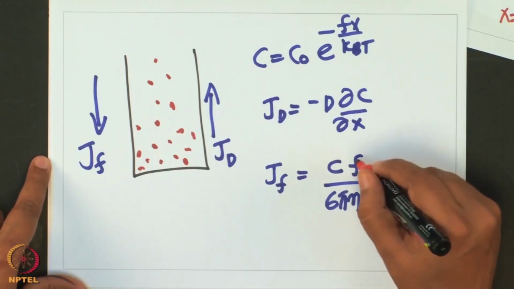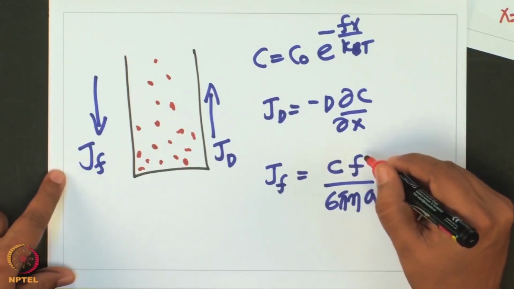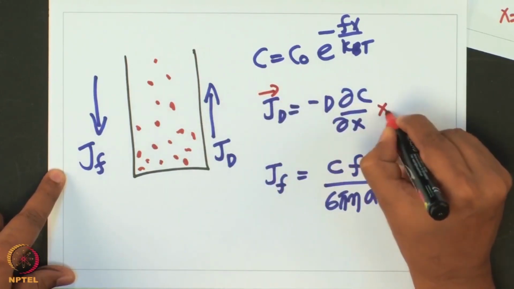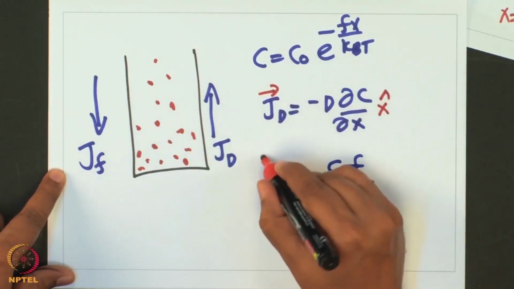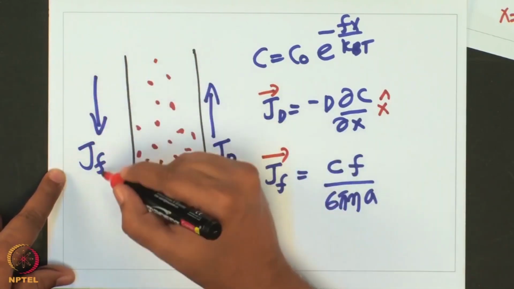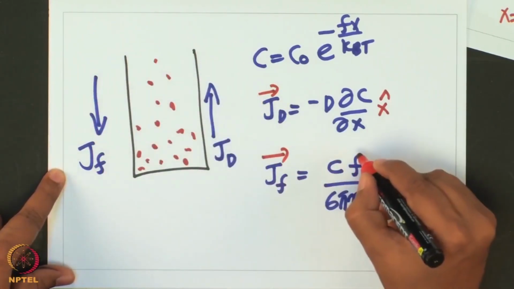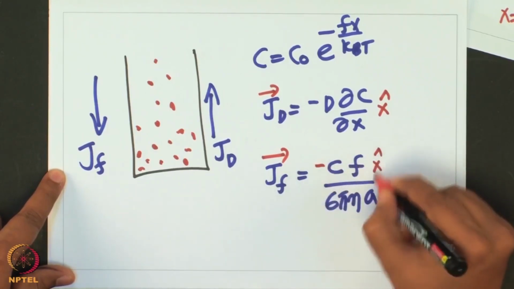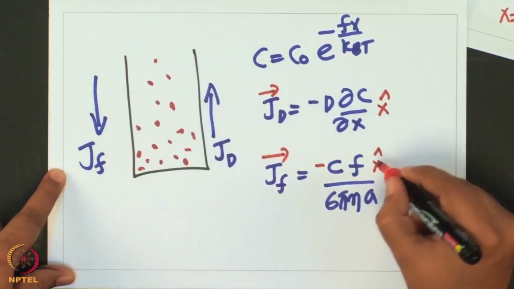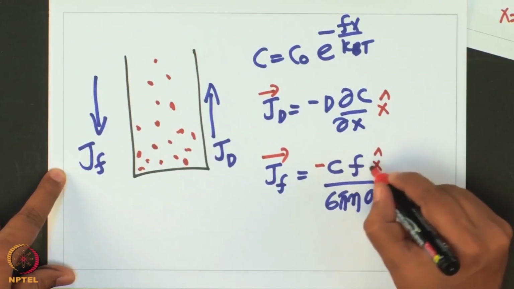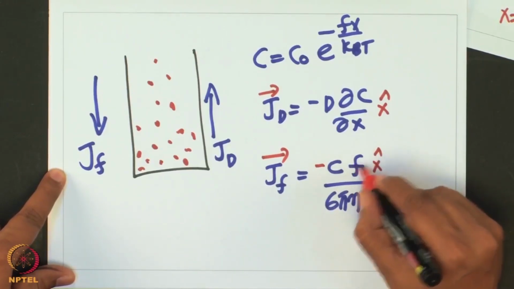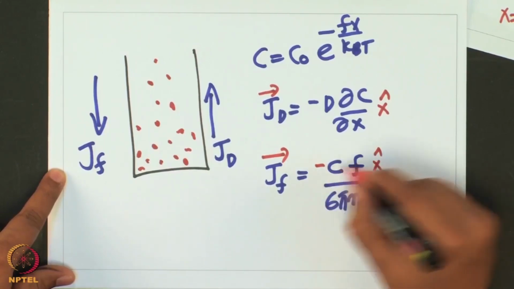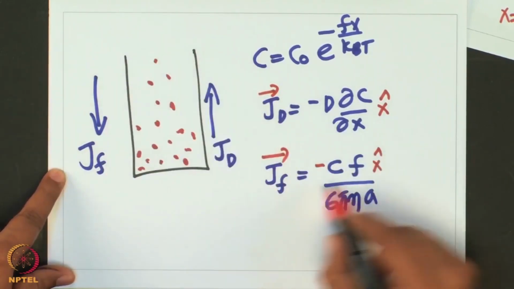If I put a vector sign carefully, this would be x cap here, and this would be below, towards the minus x. So I would write x cap with a minus sign. So this would be coming down towards minus x. F is the magnitude of the force, and minus x cap is the direction.